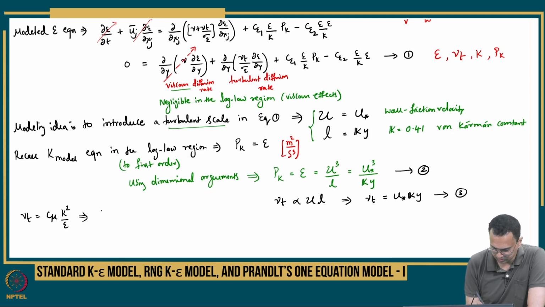So k square is therefore nu t, which is u star kappa y, times epsilon, which is u star cube by kappa y, divided by c mu.